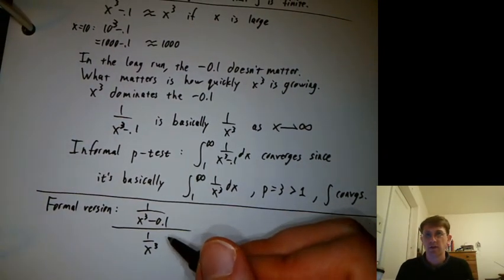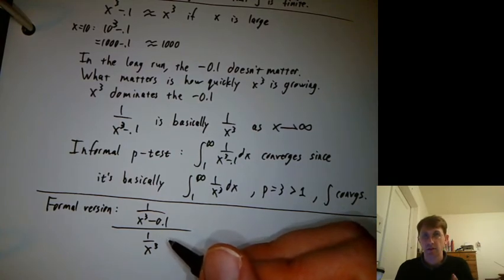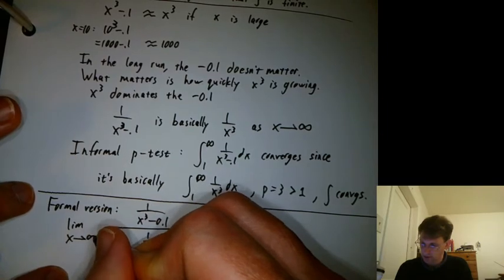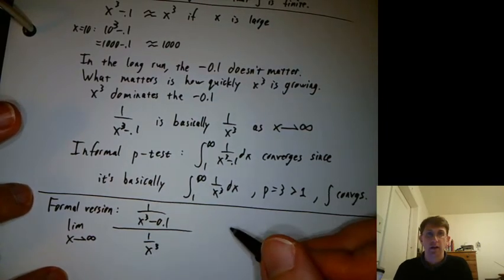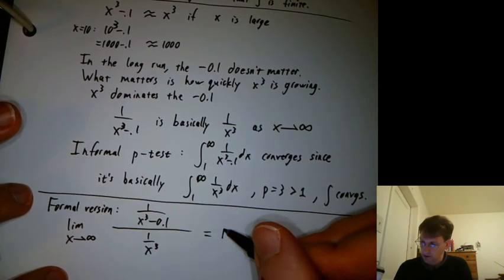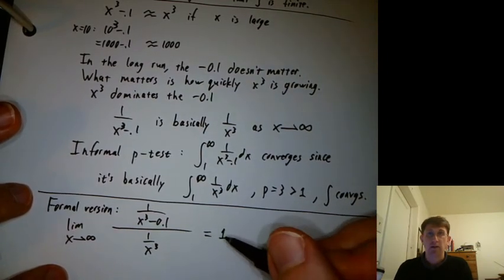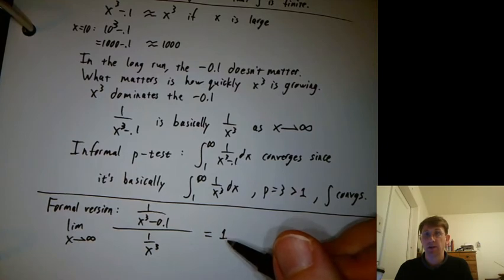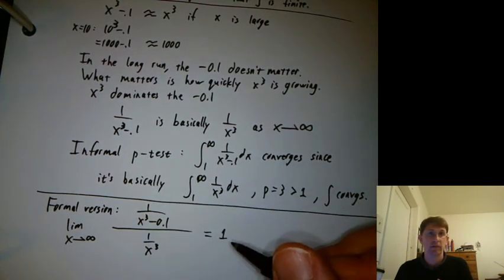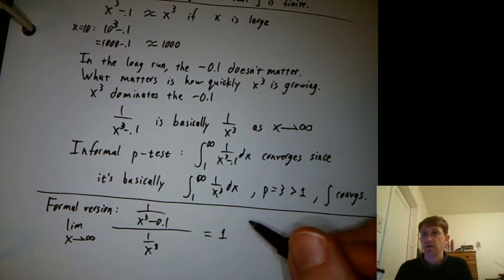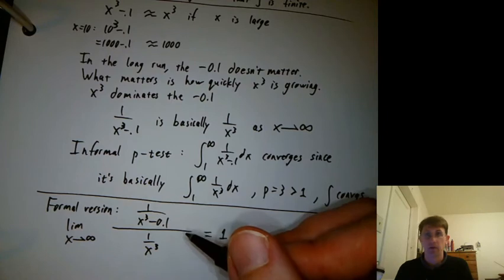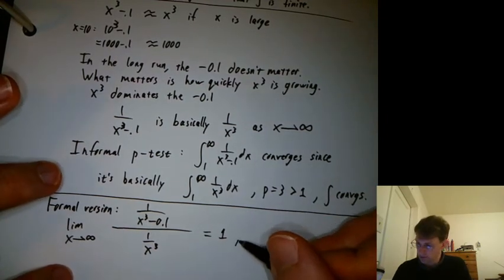What do you think that ratio does as x goes to infinity? So we're going to take the limit as x goes to infinity. We said those are basically the same number, so that equals 1. There's something called the limit comparison test, which says if you take that ratio and the limit as x goes to infinity gives any finite number here, then either both integrals converge or both integrals diverge.